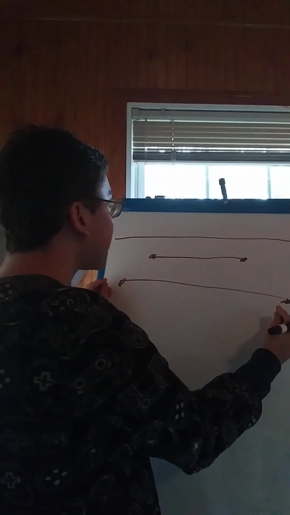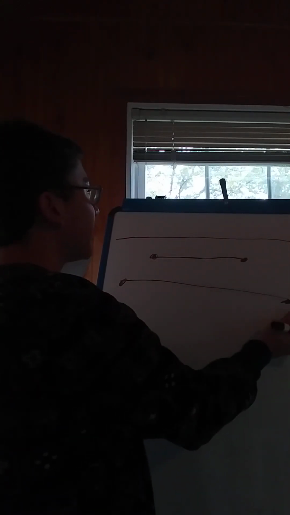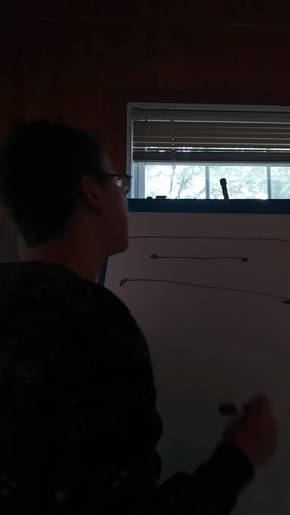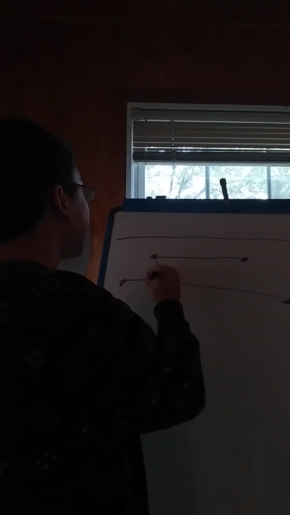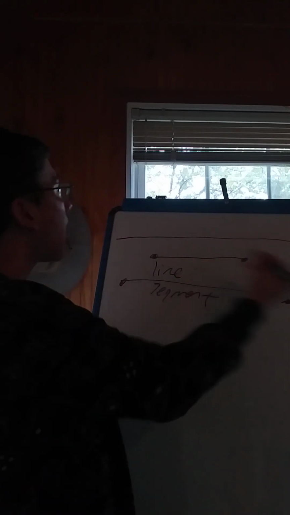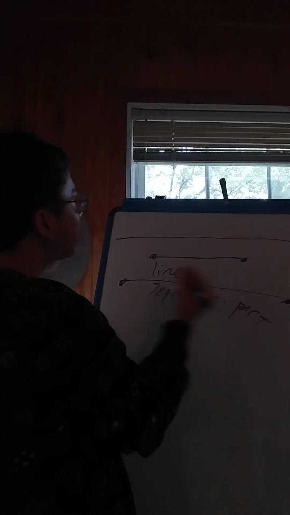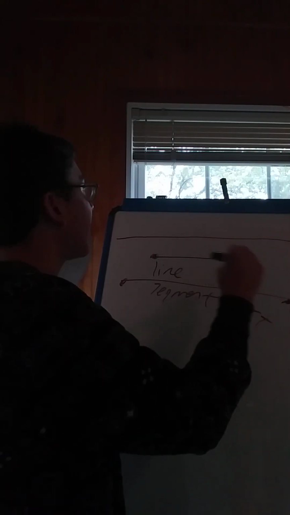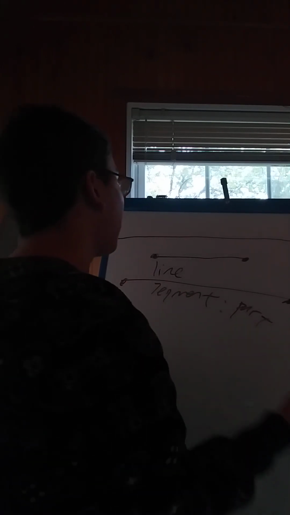So instead of it going on and on and on with no stopping points, these are the stopping points. This may be the starting point, this may be the stopping point, or vice versa. It depends on what direction you're going. This is something called a line segment. This is just a part of the line. A segment means part. This is just a part of, say, this really, really long line that has a starting and an ending point here because it has the dots here.